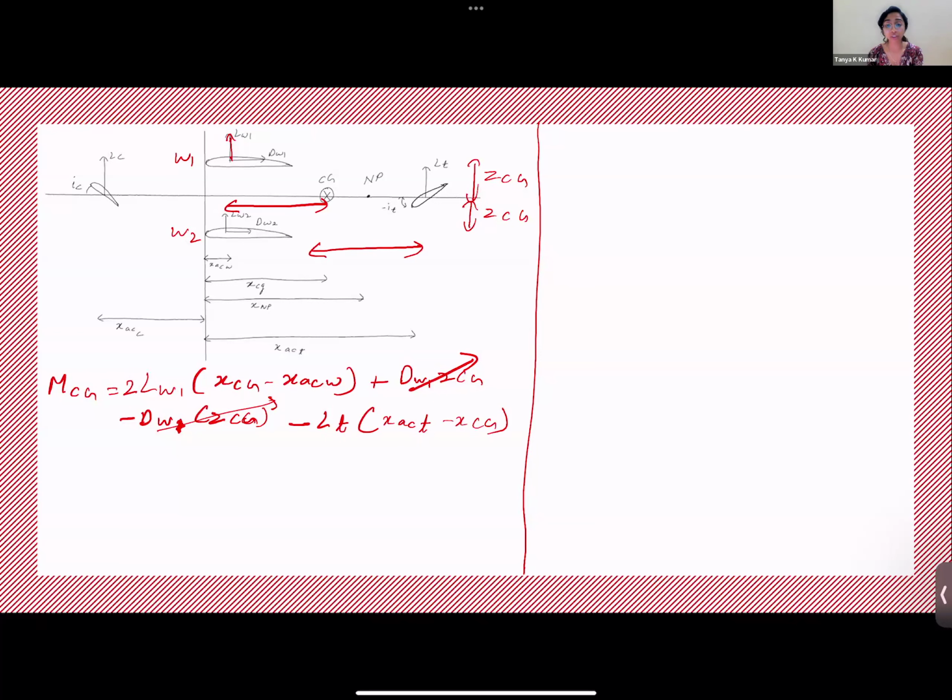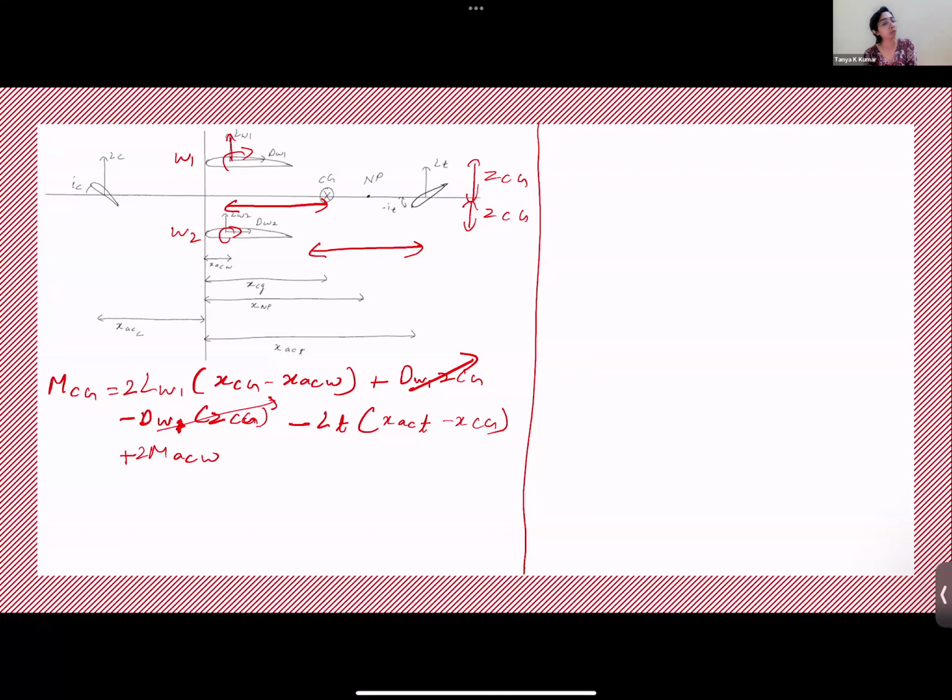Prior to that, since your wings are positively cambered, you have moments. So you have 2 MAC wing. Okay, so that will also be added up. They are not symmetric airfoils, so they do have moment about the aerodynamic center, that will be added at the CG. So you have 2 MACW.